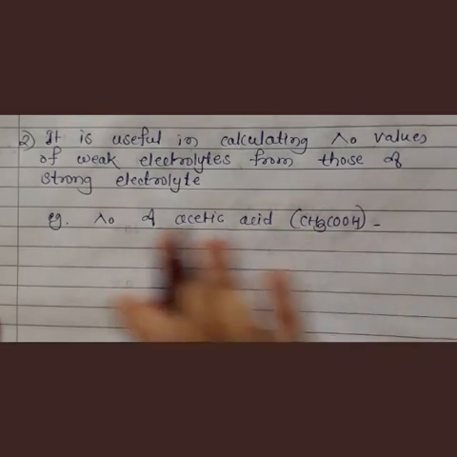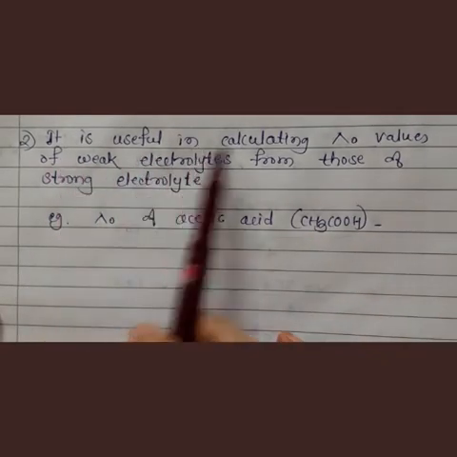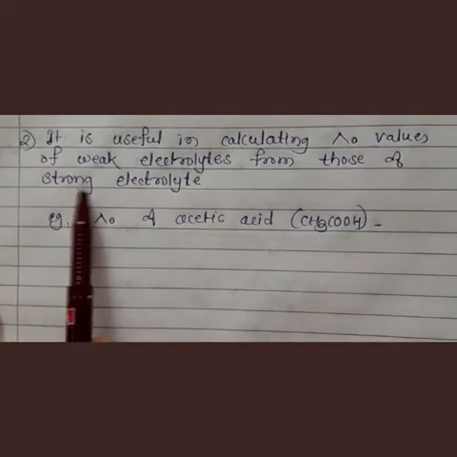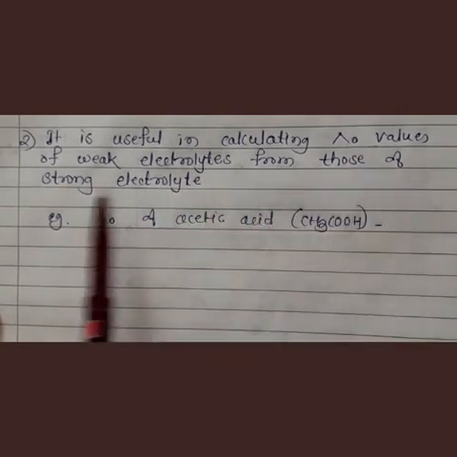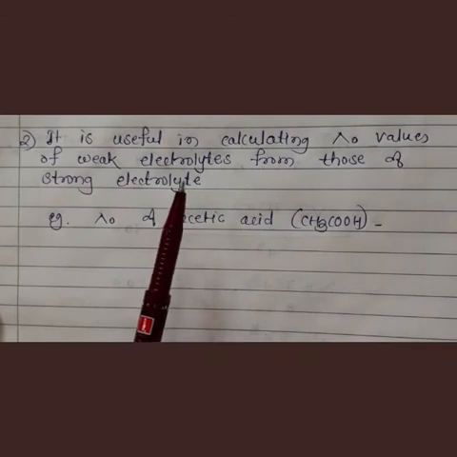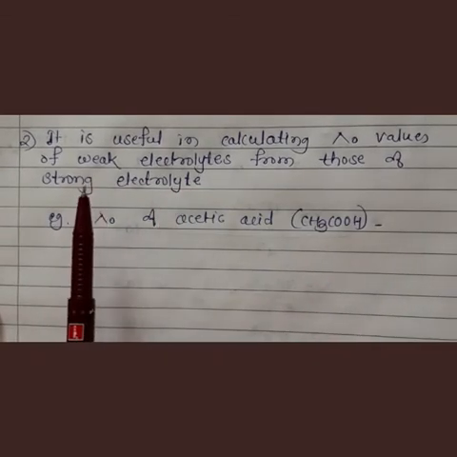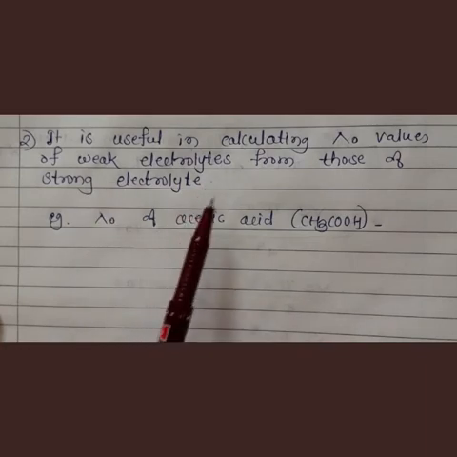See the second application. It is useful in calculating molar conductivity at infinite dilution values of a weak electrolyte from those of strong electrolytes. That means if you know the molar conductivity values of strong electrolytes, by using those values you can find out the molar conductivity of a weak electrolyte.